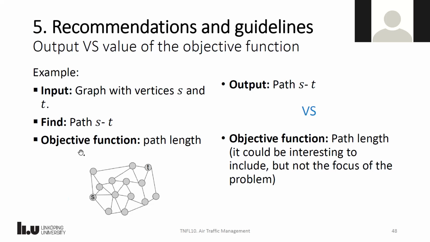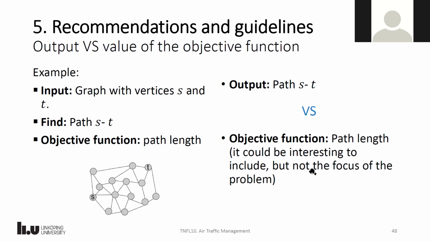And the objective function is the path length. The objective of the problem is to minimize the path length. But the output of the problem is the path itself.